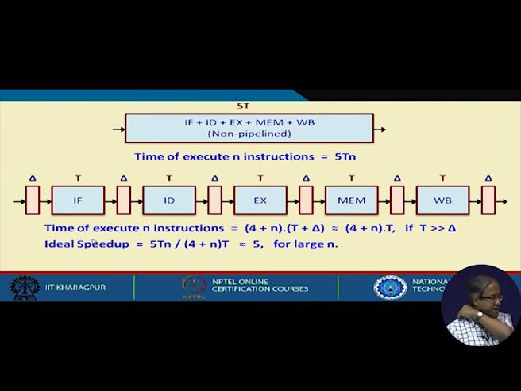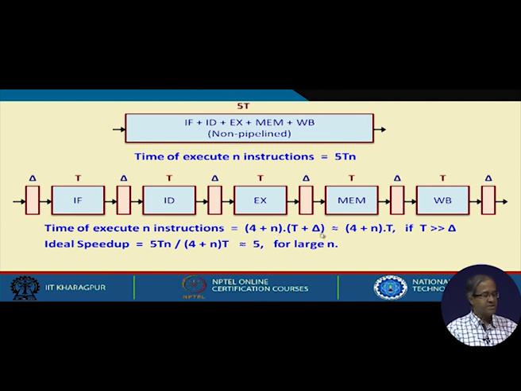We have already seen how we can analyze a pipeline for its throughput and its execution performance. So, you can similarly say that for n instructions, 4 clock cycles will be required to fill the pipe, and after that I will be getting one output every clock cycle. So, the total number of clock cycles required will be 4 plus n.